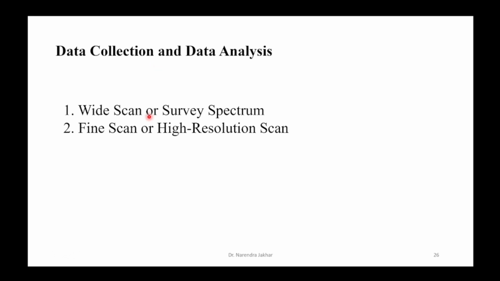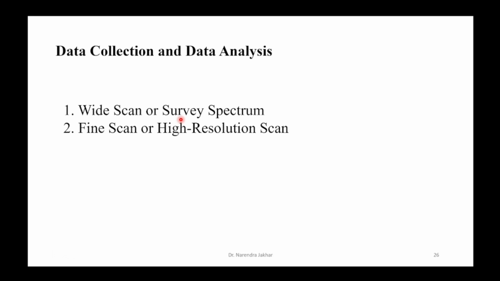Data can be recorded in two modes: the wide scan, which is also known as survey spectrum, and the fine scan or the high resolution scan. Whenever we take the data, first we take a fast or quick scan, from the lower energies up to the highest possible energy.